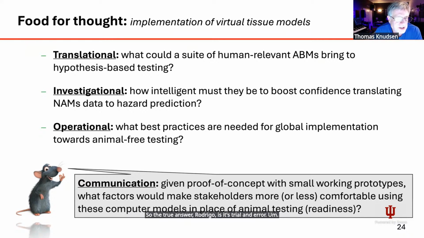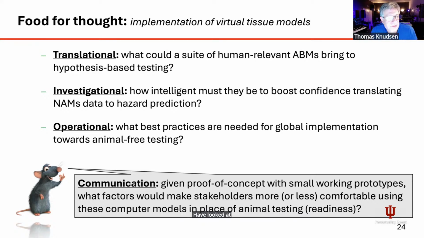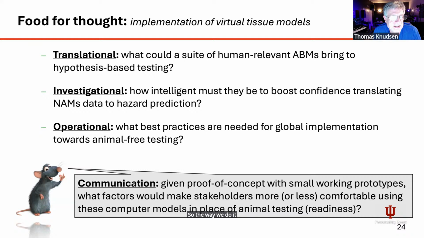There are some studies that actually have looked at spatial distribution of morphogens, but they're few and far between. So the way we do it is again, it's a phenotype-based protocol. So we say what concentrations tune the model to give the right anatomy and the right morphology, the right spatial and temporal behaviors.